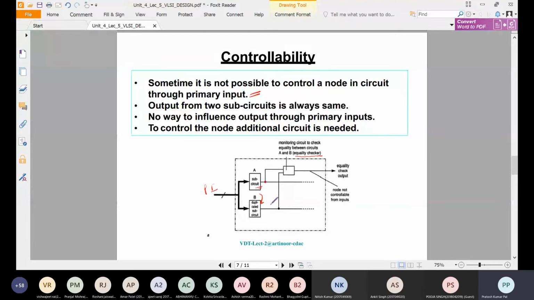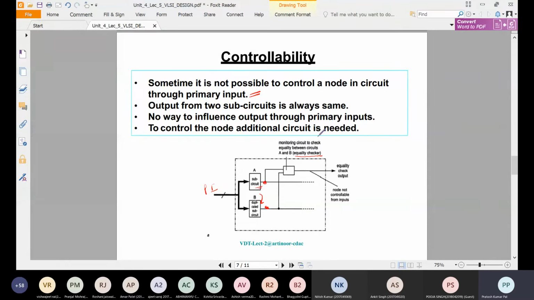There may be a different circuit, or a circuit that has a very far away point. So there may be a relation between input and output where the inputs are unable to affect the output voltages or output levels. So to control a node, additional circuitry is needed.